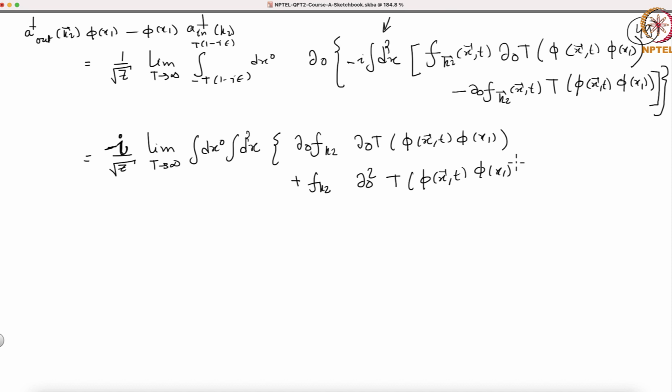Now let's look at the other term, the second term. Again del naught acts on this, so it gives you minus del naught square acting on Fk2 times the time order product of phi xt, phi x1, and then you get minus del naught Fk2, and then the derivative acts on this time order product.